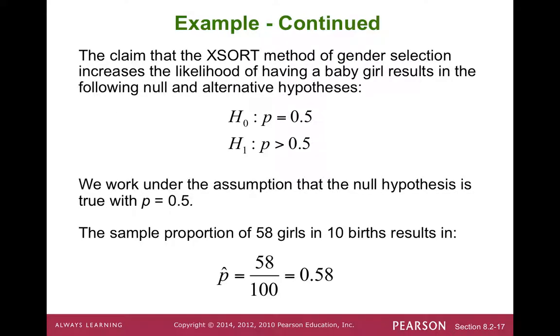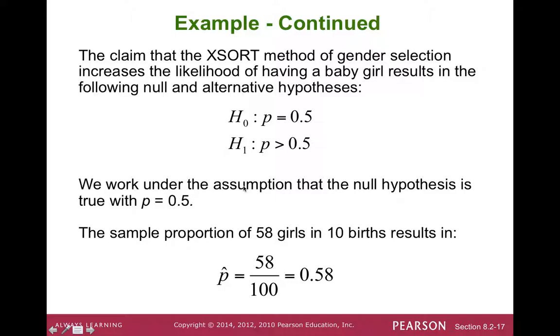Just like we saw when we were originally looking at this example, we had defined a null hypothesis that our p, which in this case is a population proportion, is equal to 50%, meaning that you'd have a 50-50 chance of having a boy or a girl. And then we defined our alternative hypothesis, that our population proportion would be greater than 50%.